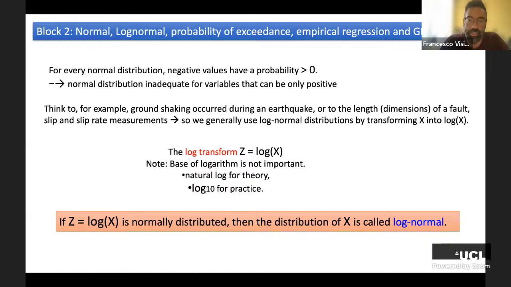We are not talking about negative numbers. So we cannot work with the normal distribution, but we can simply move from normal to log normal with a log transformation. So we have a new variable, for example, z, that is equal to the logarithm of x. So if the logarithm of x is normally distributed, then the distribution of x is called log normal.